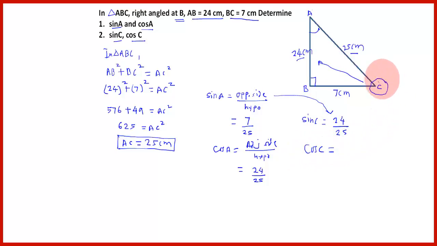So cos C is adjacent upon hypotenuse, so for C adjacent will be this, and so adjacent side is 7 centimeter and hypotenuse is 25 centimeter, and therefore sin A is 7 by 25, cos A is 24 by 25, sin C is equal to 24 by 25, and cos C is 7 by 25.